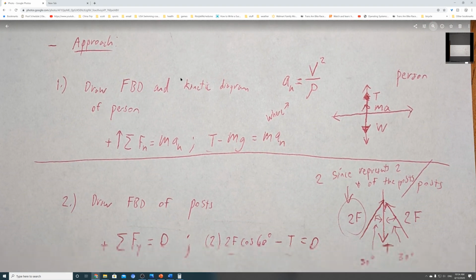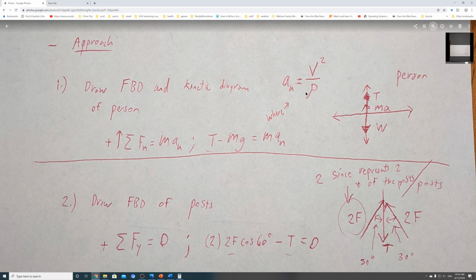The first part, and this is an approach I took that is a little different than the author's, but not much, is to come up with a free body diagram and kinetic diagram of the person. Very quickly, I have tension going up, weight going down, and mass times acceleration in the positive vertical direction. Here is the equation: tension minus the weight equals mass times acceleration in the normal direction.